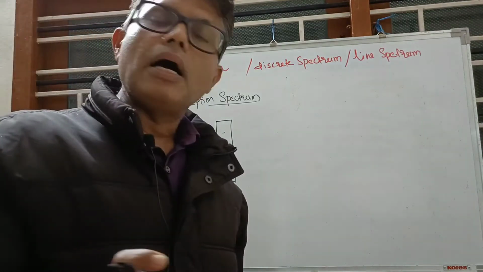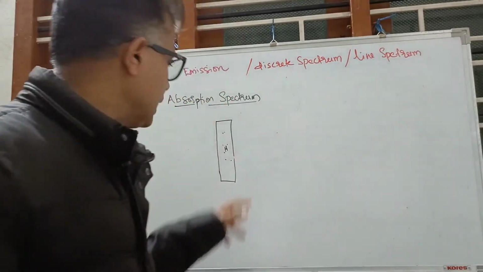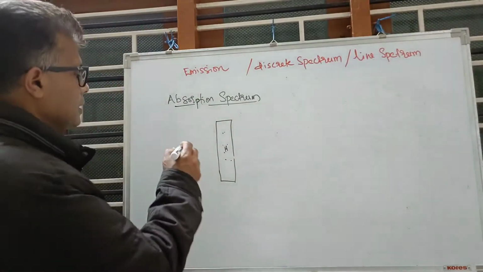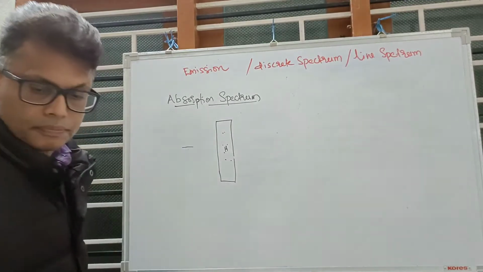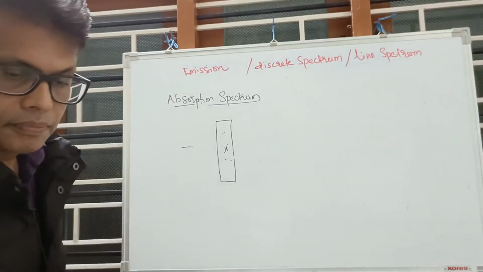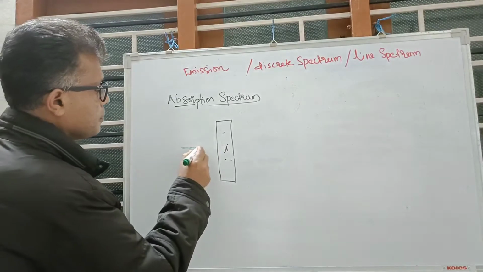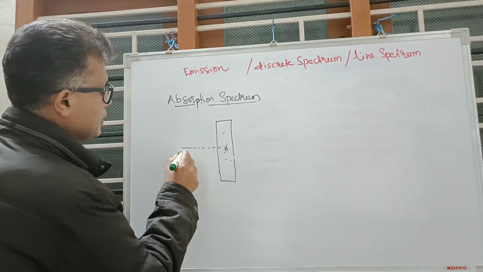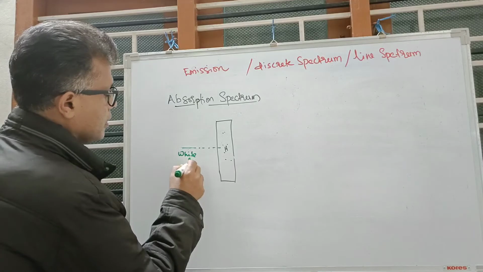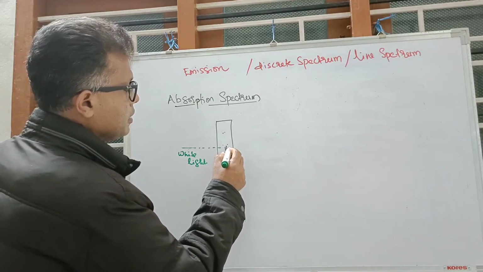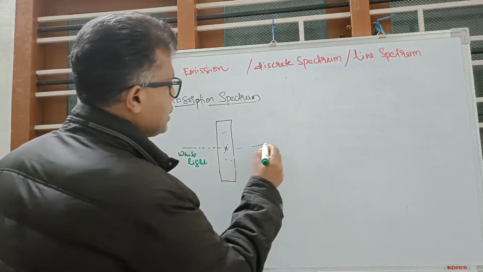Now, this time I am not passing the electric current here. I am just passing a white light. When the white light passes here, it is now making some spectrum.